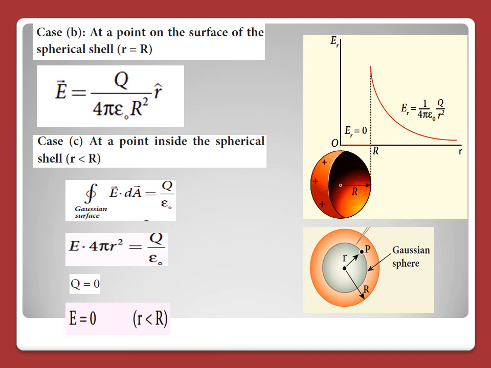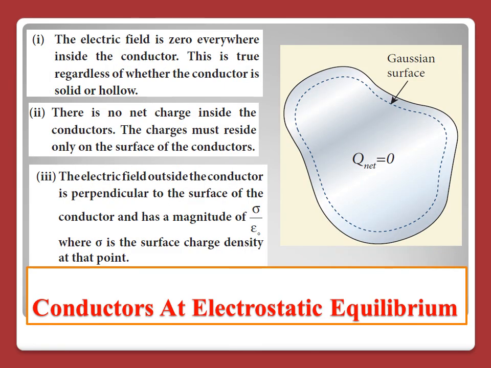And a graph is plotted between electric field and radial distance, and for various cases we have discussed. The next is a summation of what we have seen earlier. That is the electrostatics of conductors at electrostatic equilibrium. The first point is the electric field is 0 everywhere inside the conductor. This is true regardless of whether the conductor is solid or hollow. Second point, there is no net charge inside the conductor.